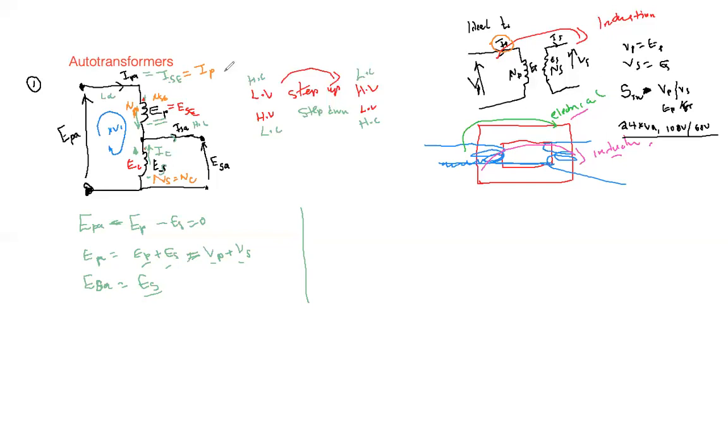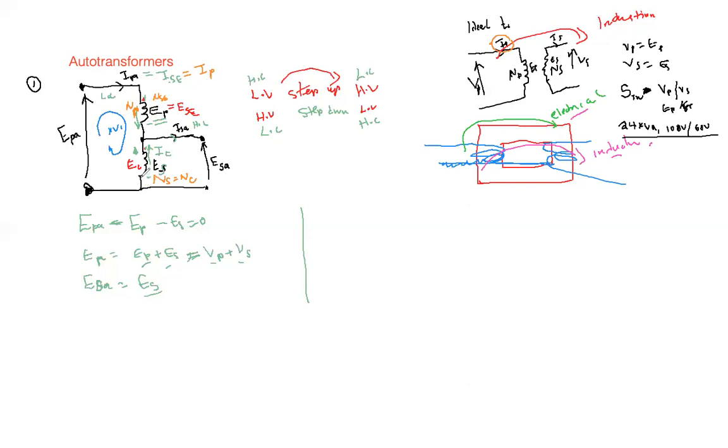If you didn't really understand this, you can just rewind and listen as I explain again. You ask yourself, in which winding is that current flowing? It's flowing in the primary winding. That means in the two winding transformer, the primary winding current is IP.